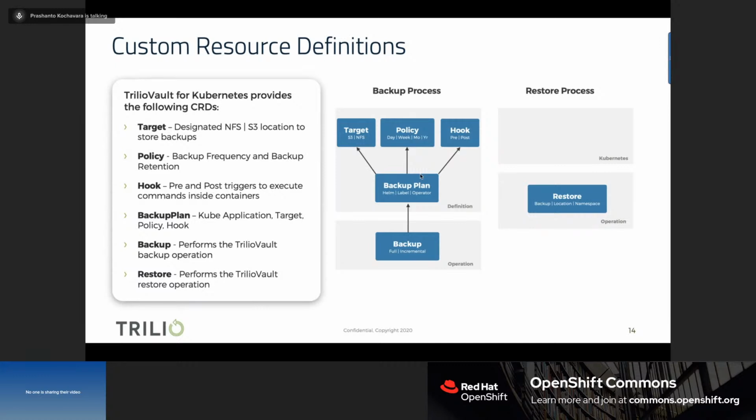Your restores can happen based on the name of the backup, if you're within the same cluster or same namespace, or you can restore by location. If you are migrating between clusters, you would point to the location where you want to pick the backup from. Once you apply the restore custom resource definition, you will get your application back, whether it's a Helm, label, operator, or a combination of all of those.